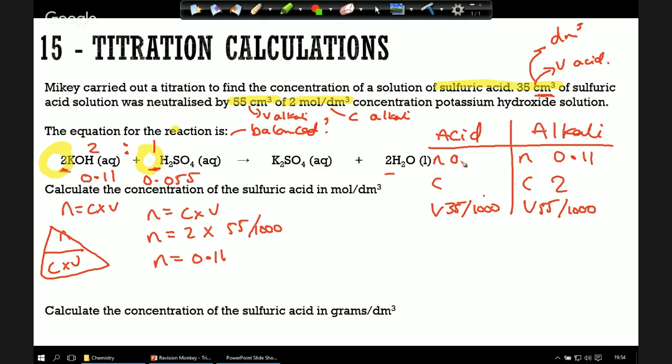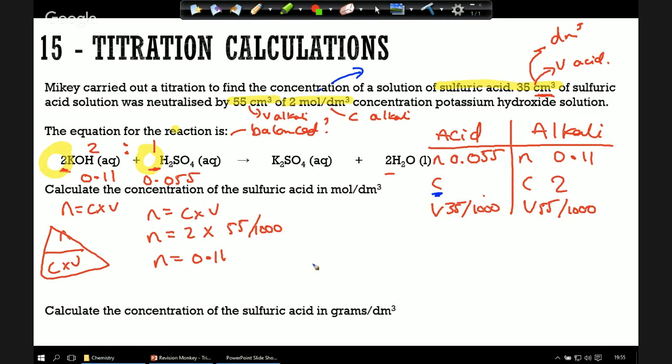And then we can fill in this bit of the equation, 0.055. So now we've got 2 bits, we can finally work out C. We can work out the concentration of acid needed to neutralise that potassium hydroxide.